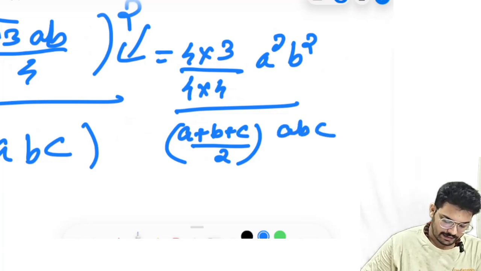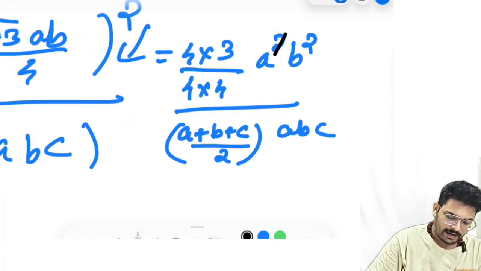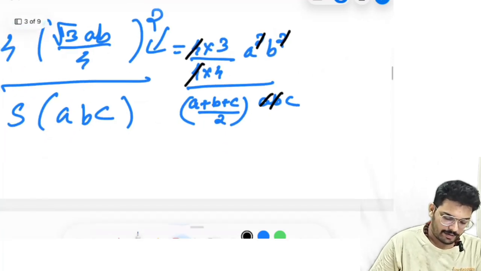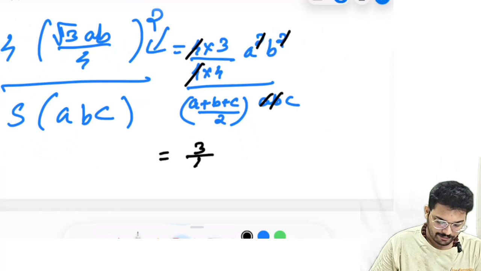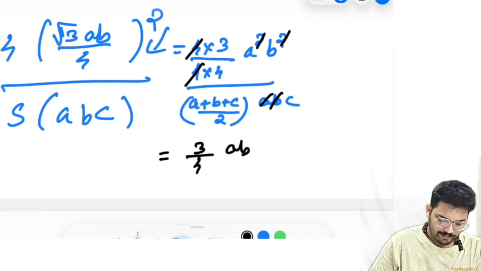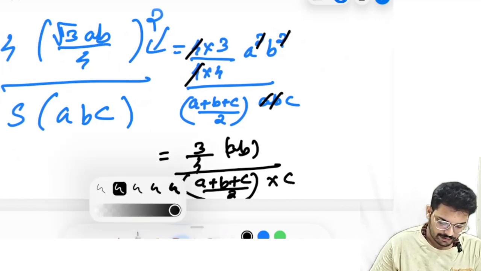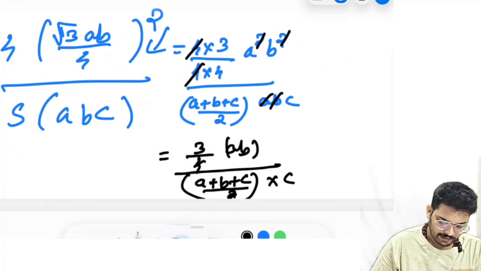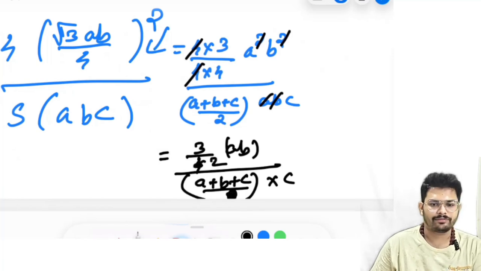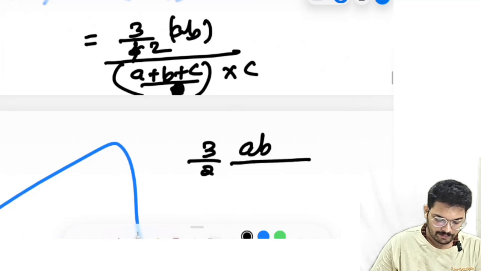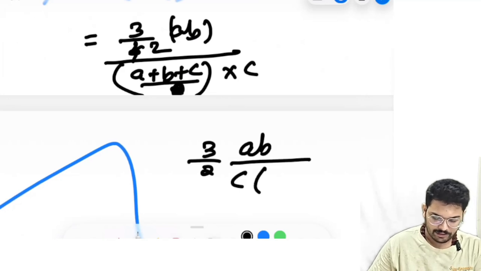Here you can cancel one a and b from the numerator and denominator. One of the 4 can also be cancelled. So this will become 3 by 4 into AB, the whole divided by a plus b plus c divided by 2, into C. You can also cancel the 2 from here. So the answer will be 3 by 2 AB divided by C into a plus b plus c.